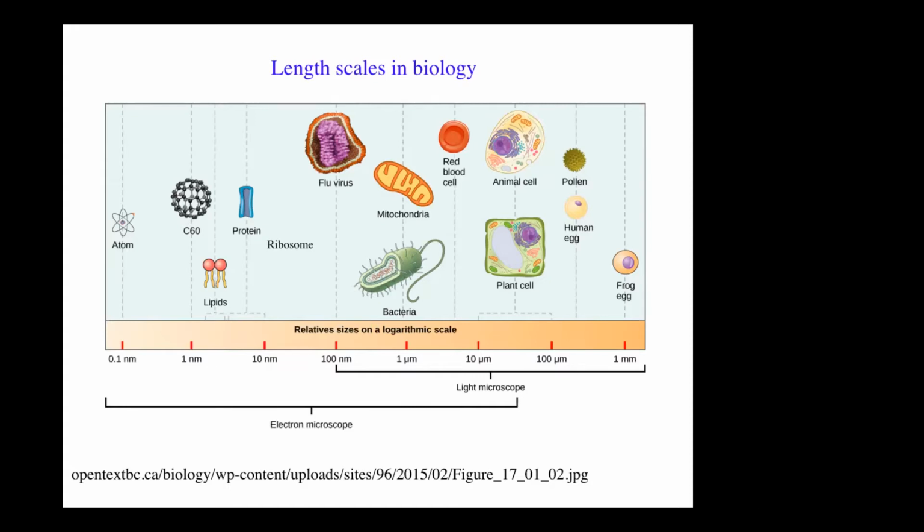By the time you get to things that are arguably livable, live or semi-live, very small things like viruses are 100 nanometers in diameter. And so 100 nanometers is at the lower end of what you can see with super resolution and a light microscope.